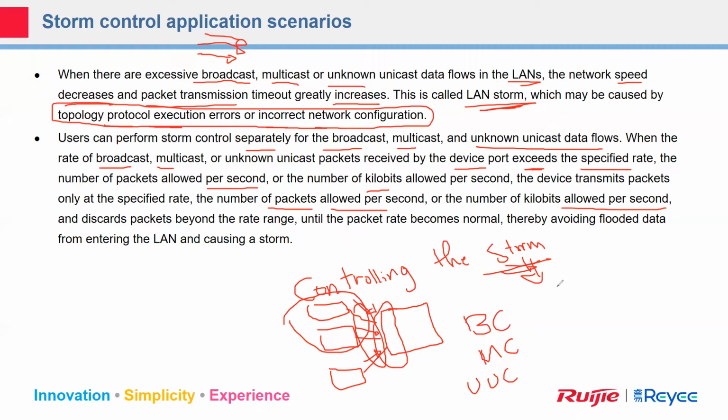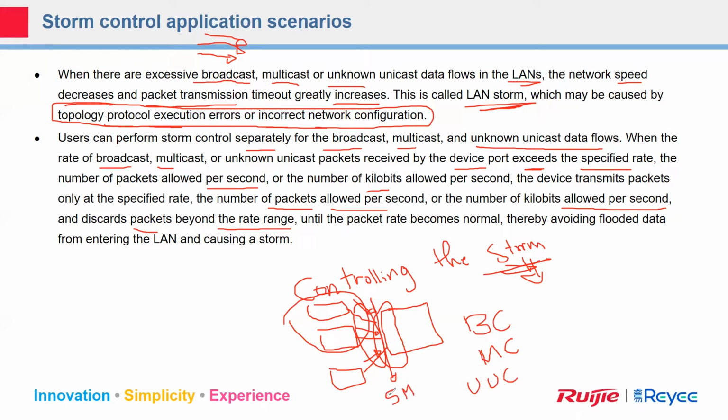So how do you control this storm? You have to control this storm to keep your network up. So, discarding packets beyond the rate range. You are saying to the switch, your rate for that storm is, for example, 5 meg.